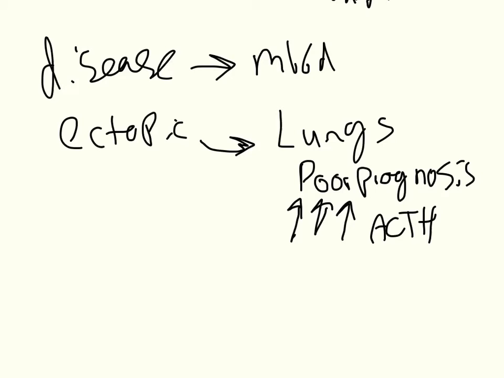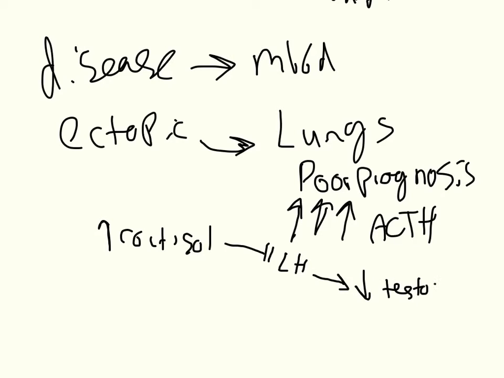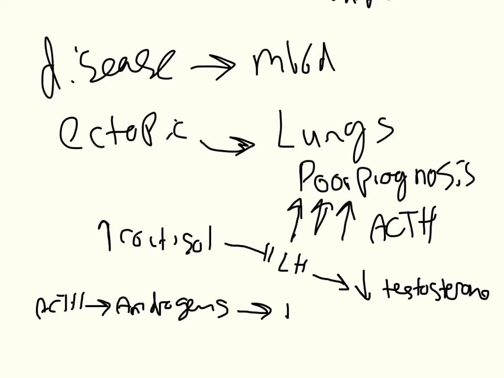So another thing to note is that whenever you have increased cortisol, it's going to be different in men than in women for the androgens. Increased cortisol goes back and suppresses LH, and without LH you get a decrease in testosterone. In women, on the other hand, this ACTH is stimulating androgens, and then those androgens can be converted in the periphery to testosterone.